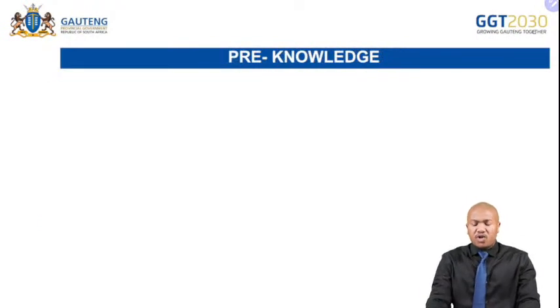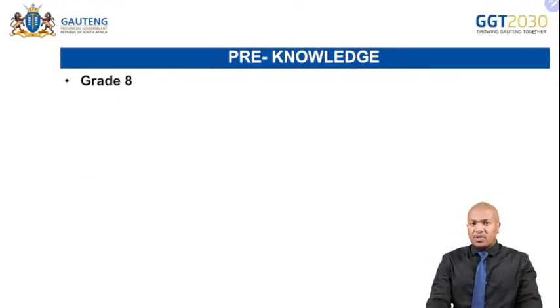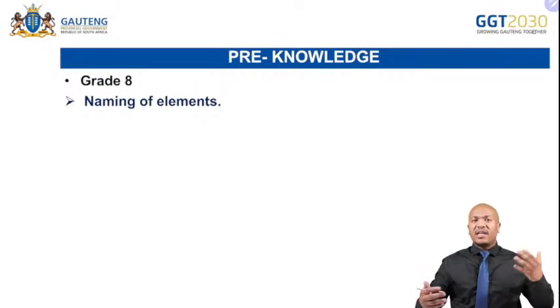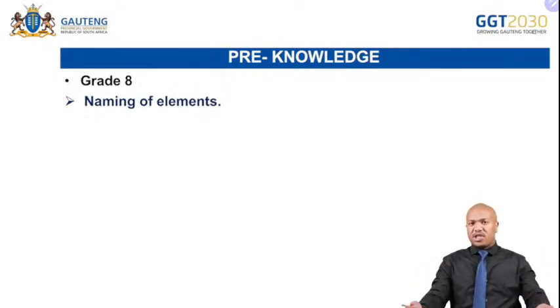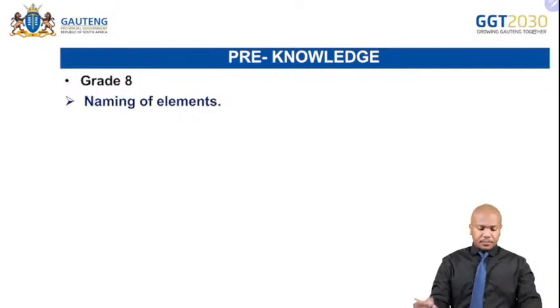Right, let's move on to your pre-knowledge. This is what we have done in the previous grades, and we're going to use this as our foundation for today's lesson. In grade 8, to start with, we have done the naming of elements. Since we're going to talk about the reactions of non-metals with oxygen, oxygen is an element which we named in the previous grade. And the non-metals, some of them we have named as well in grade 8.